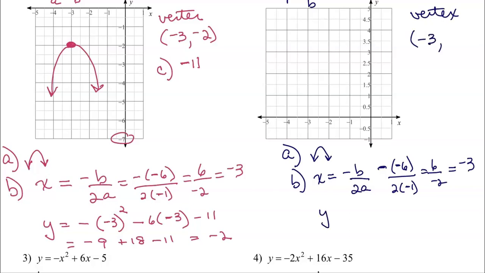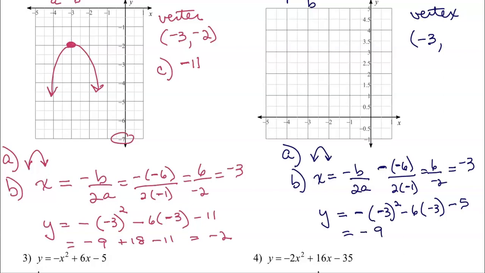So far my vertex has an x of negative 3. Now let's get the y. Go back up to this equation. Y equals negative x squared. So put a negative 3 here and square it. Minus 6 times negative 3 minus 5. Negative 3 squared is positive 9, so that's a negative 9.